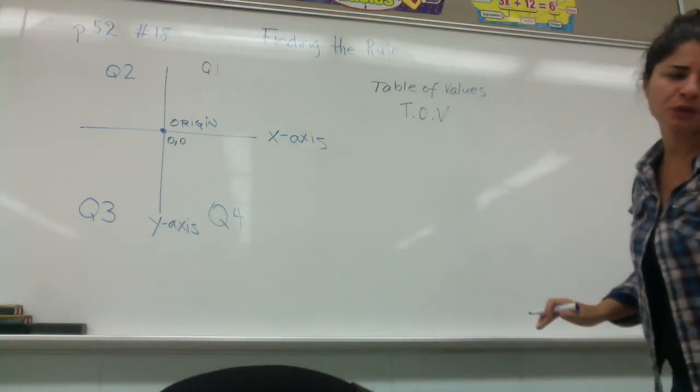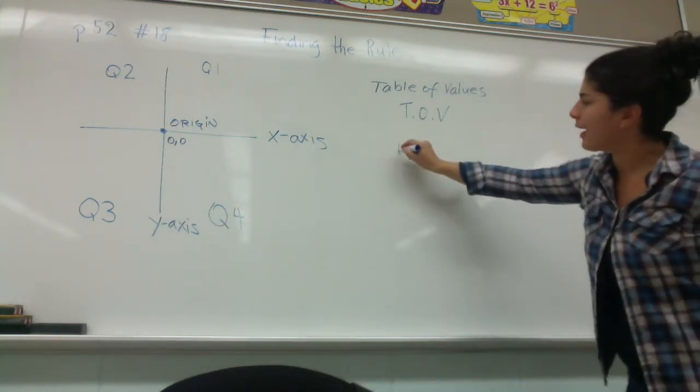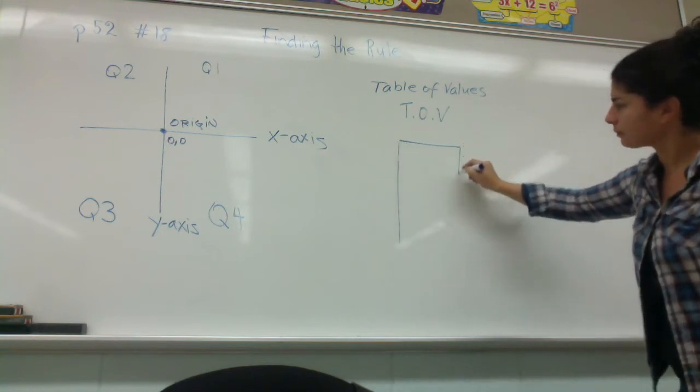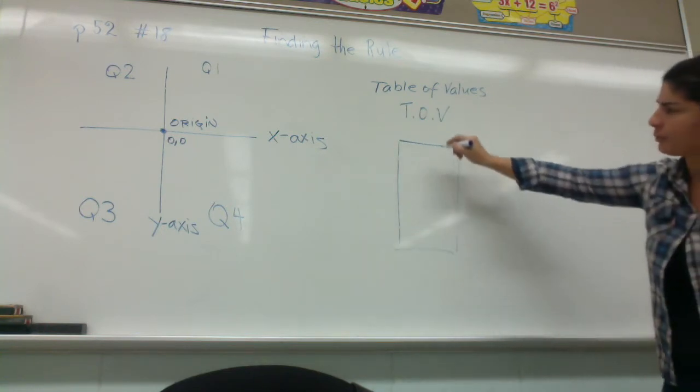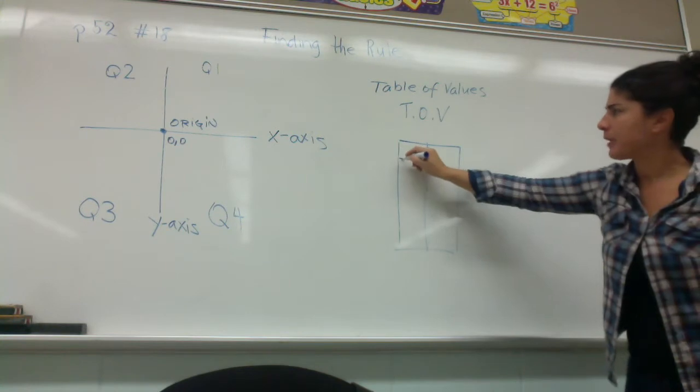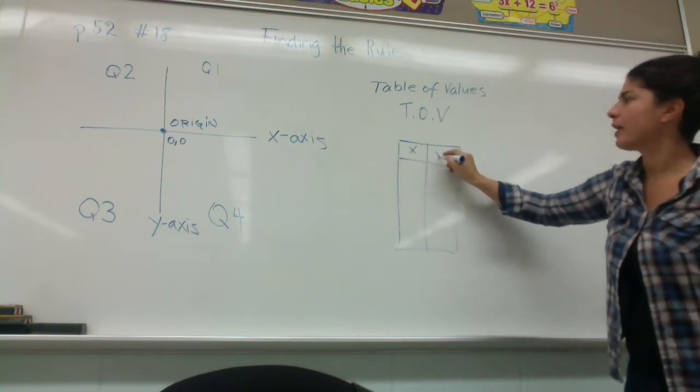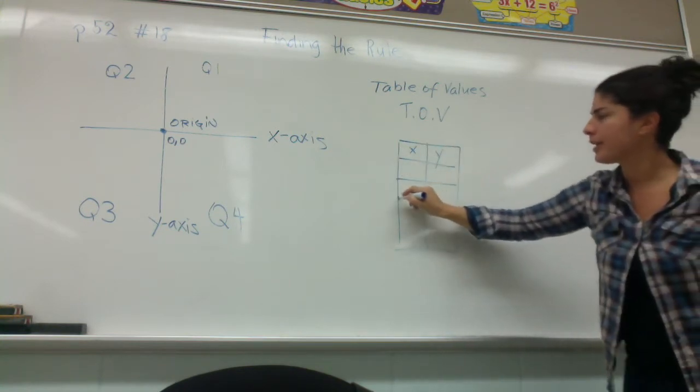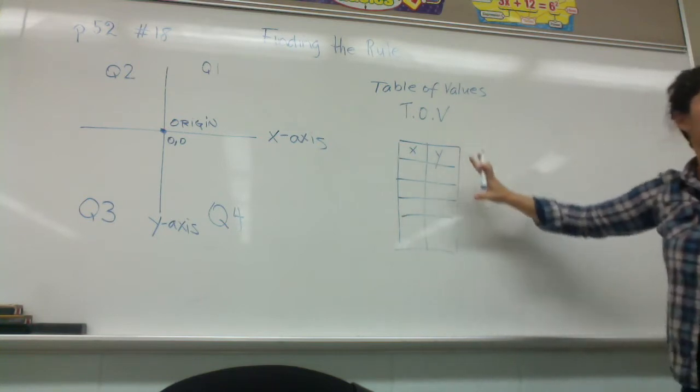Now, if I look at page 52, the table of values looks like this. It's a beautiful rectangular box, cut up like this. We have my x's, we have y's, and then the coordinates are in my table of values.